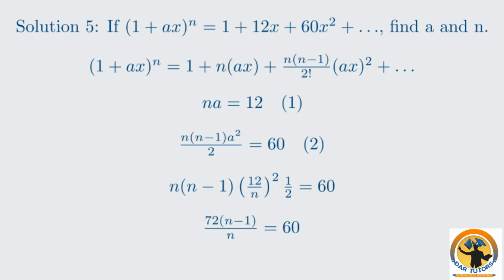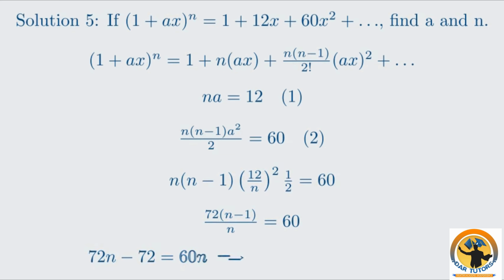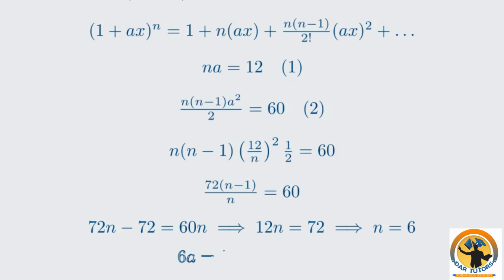Solving for n, we find n equals 6. Substituting n equals 6 back into equation 1, we get 6a equals 12, so a equals 2. So the values are a equals 2 and n equals 6.